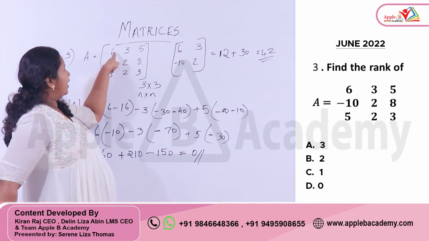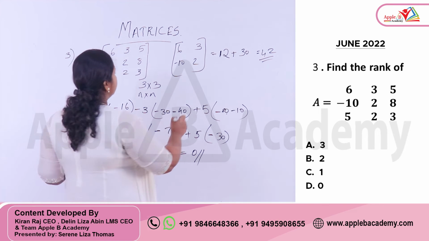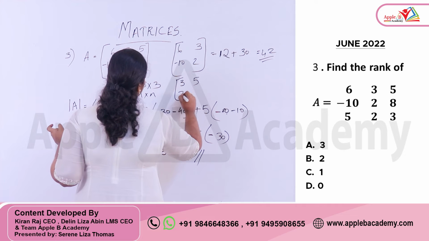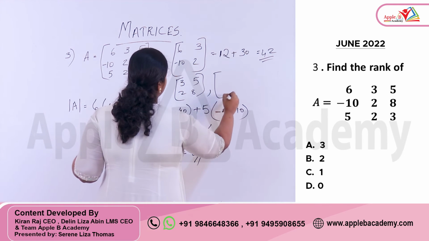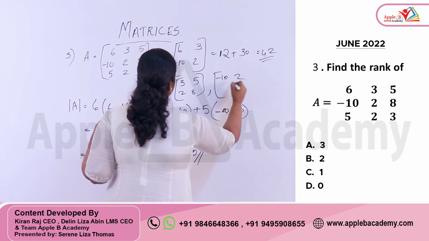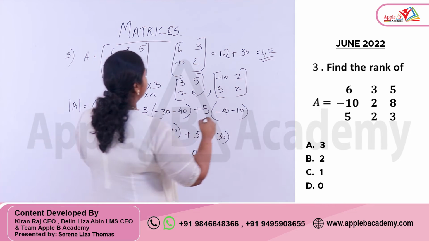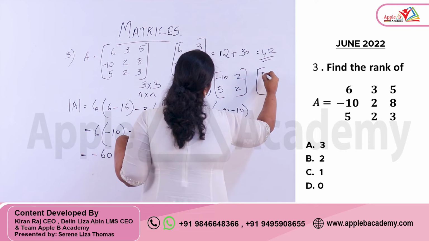I will just mention the other sub-matrices in this particular matrix. The other ones are 3, 5, 2, 8, comma, minus 10, 2, 5, 2, and the next one is 2, 8, 2, 3.